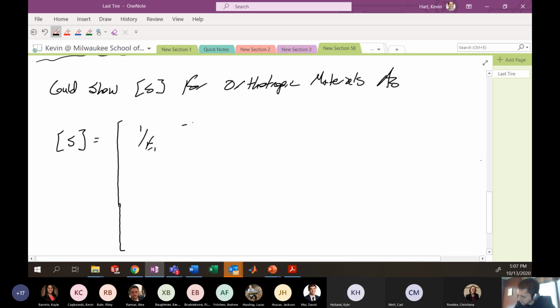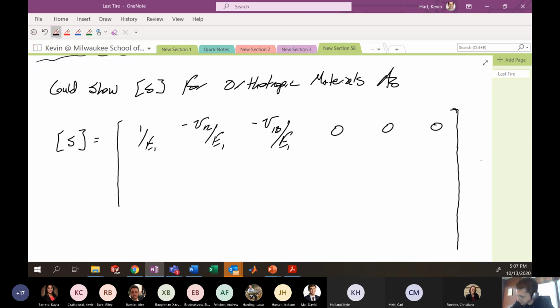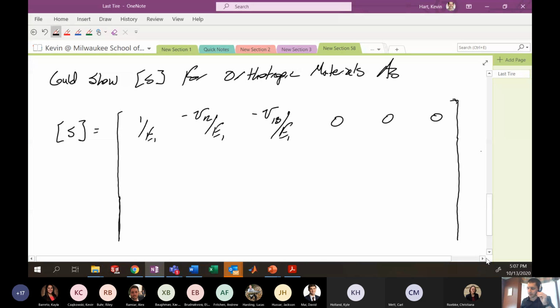1 on E1, negative nu 1, 2 on E1, negative nu 1, 3 on E1, 0, 0, 0. So that's from running the experiment in the one direction. You could also have negative nu 2, 1 over E2, 1 on E2.